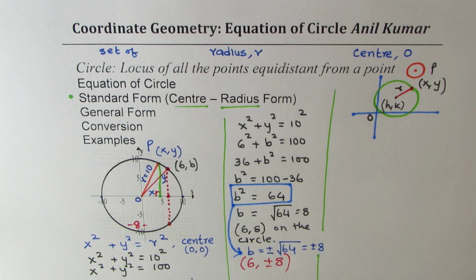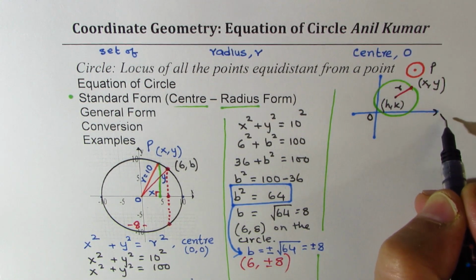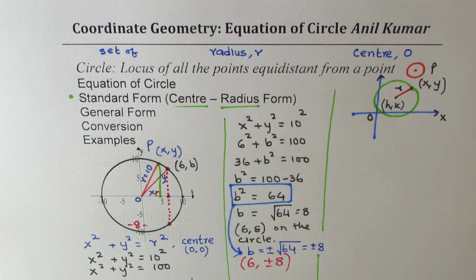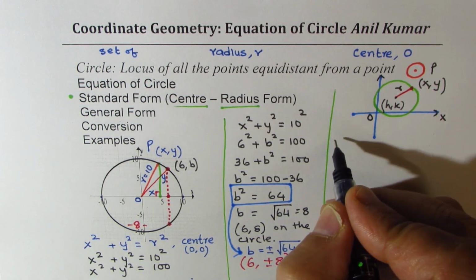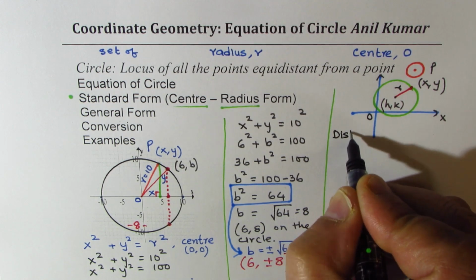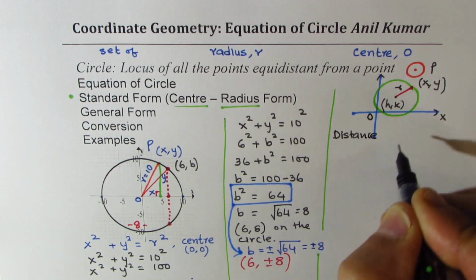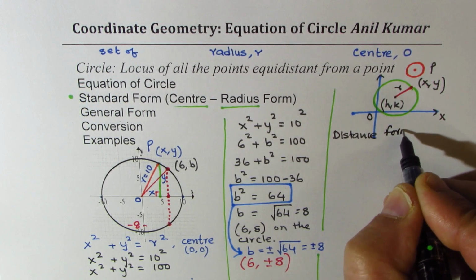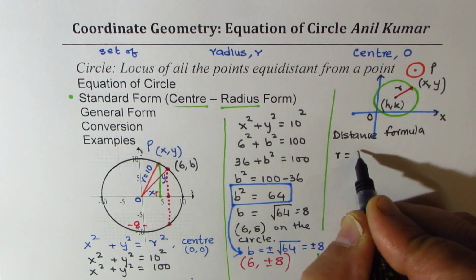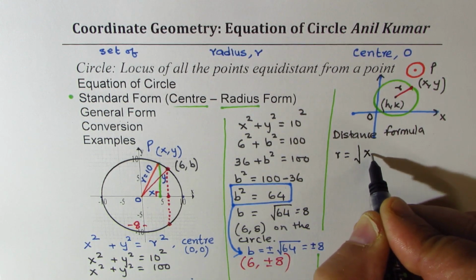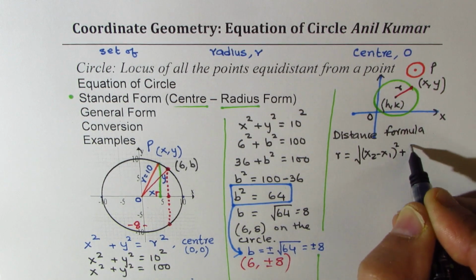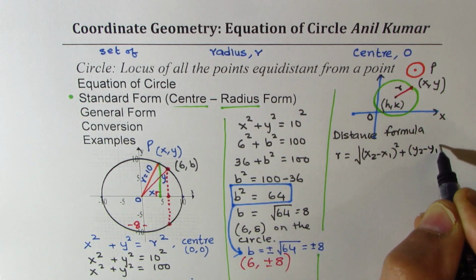Now how do we get the equation of this circle with center at h, k? Well, we can use the distance formula, right? So we can use the distance formula to find the equation of the circle. Distance r is equal to the square root of x2 minus x1 whole square plus y2 minus y1 whole square.